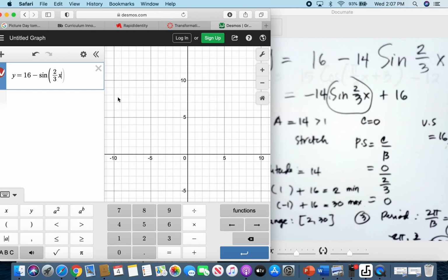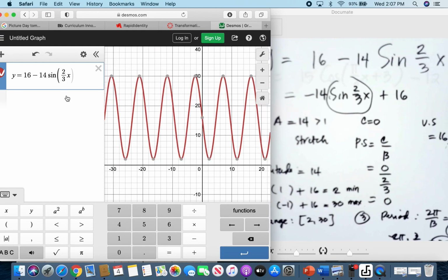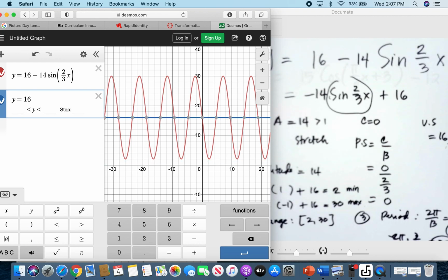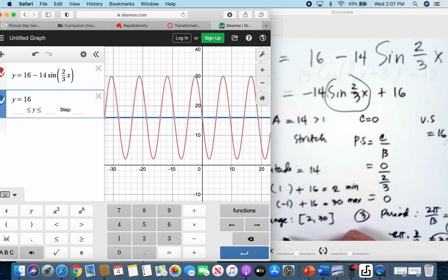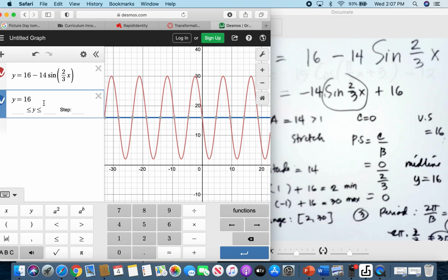Of course, you will have the graph here. As you can see, it was shifted 16 units up because our midline is 16. So our midline is also equivalent to y equals 16. The graph divides our function into two equal parts at y equals 16.